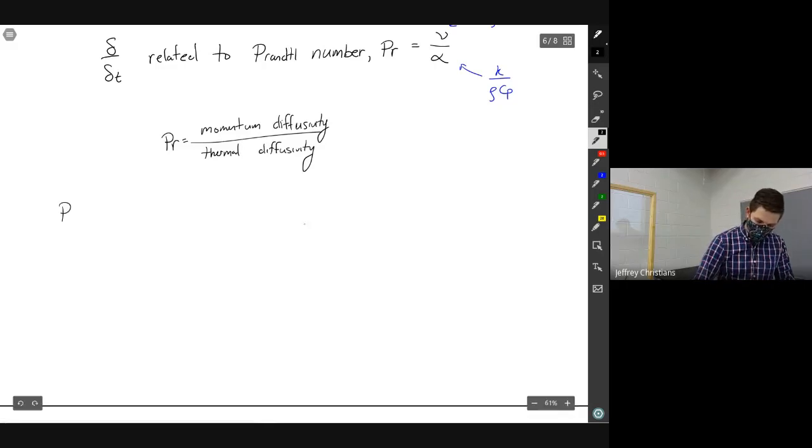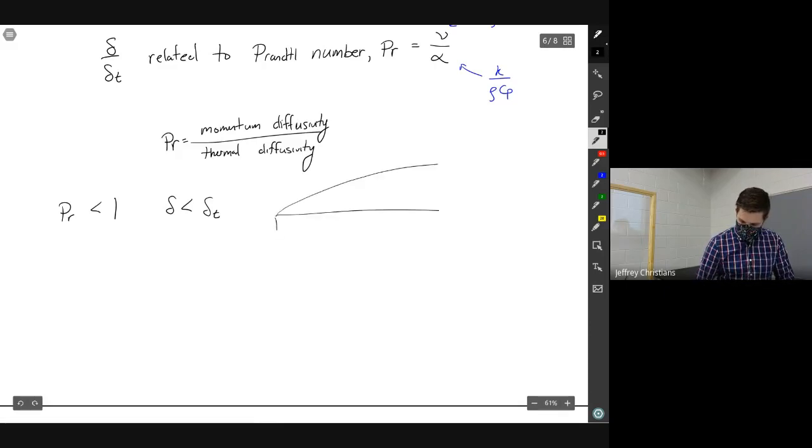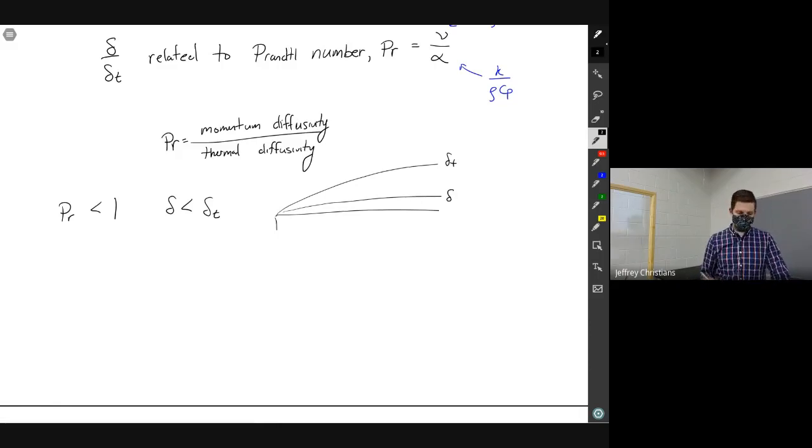So if Prandtl is less than 1, then delta is less than delta T. So here's the thermal boundary layer that's really thick, but the momentum boundary layer is really thin. That's the situation that we just drew.